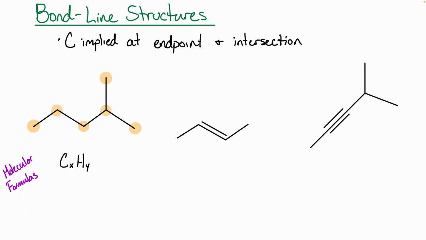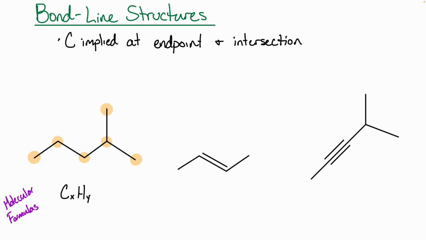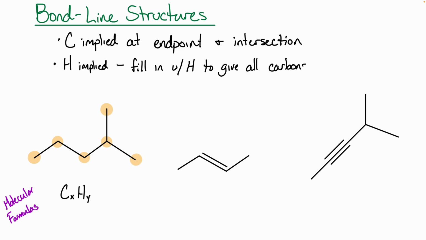Okay, the hydrogens are also implied. But filling in the hydrogens is actually a little bit trickier here. We're going to fill in those hydrogens to give all carbons that complete octet of 4 bonds.